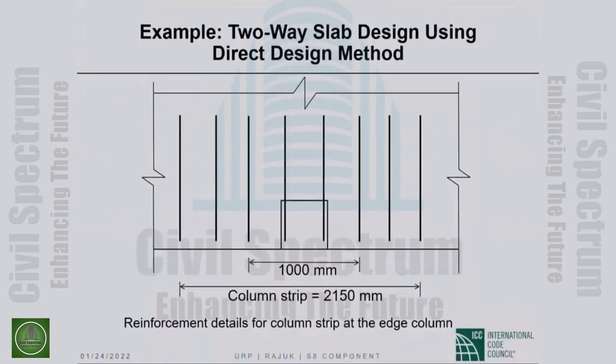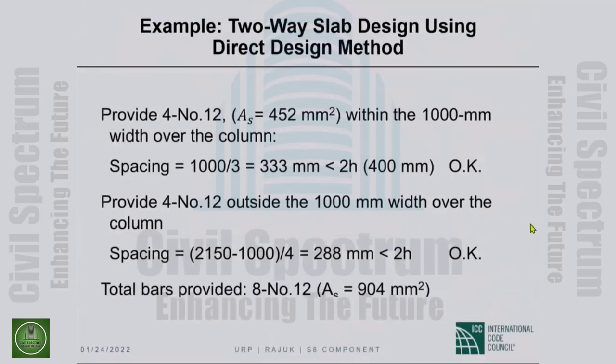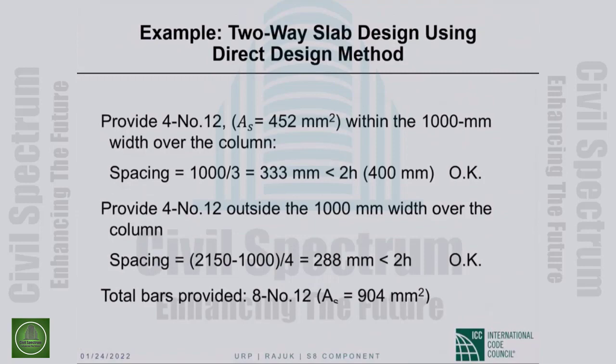And this is the picture. Within the moment transfer band, which has a width of 1000 millimeters, we are providing 4 bars. And outside of the moment transfer band within the column strip, we are providing 2 bars to the left, this one and that one, and 2 bars to the right for a total of 8 bars.